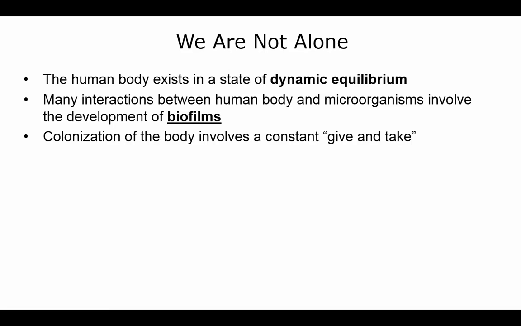And there are many interactions between the human body and the microorganisms that are involved in the development of biofilms. So colonization of the body is a constant give and take, and as I said, sometimes the balance tips in favor of the microbes.